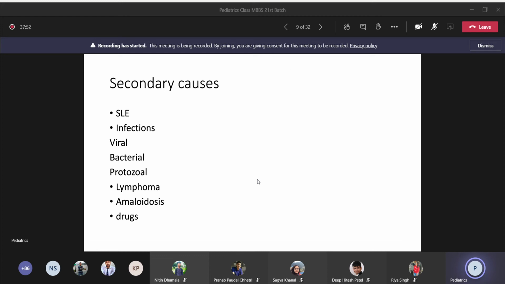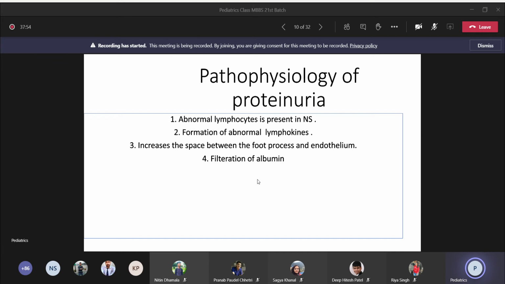Okay, now let us come to the pathophysiology of proteinuria that I have already told. The pathophysiology of proteinuria, the first one is there are abnormal lymphocytes in nephrotic syndrome. This is because nephrotic syndrome is an autoimmune type of disease. Usually it has been seen that in a child suffering from nephrotic syndrome, some of the family members might have allergic diseases.